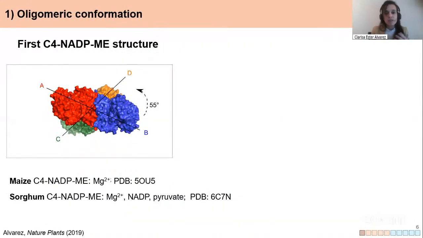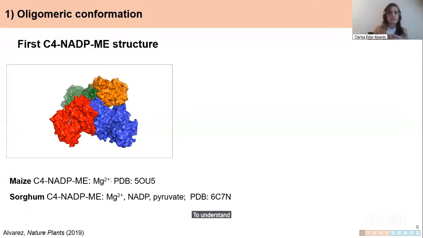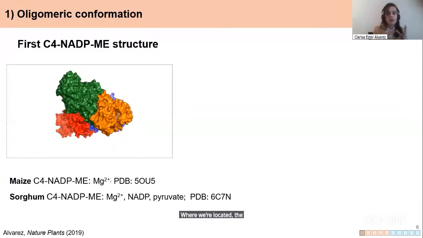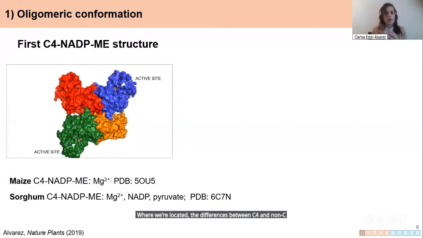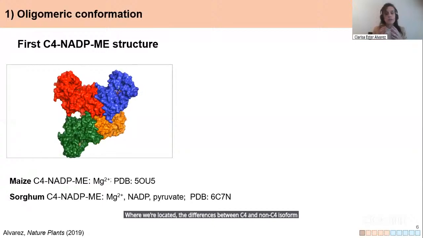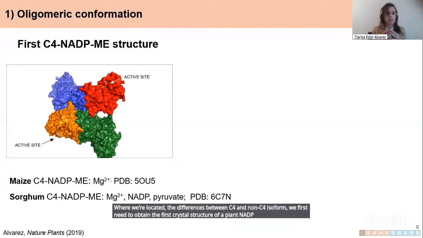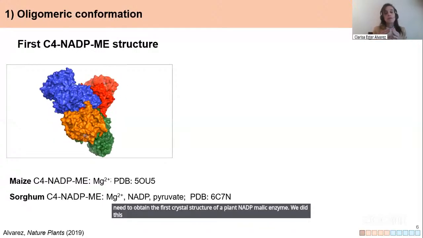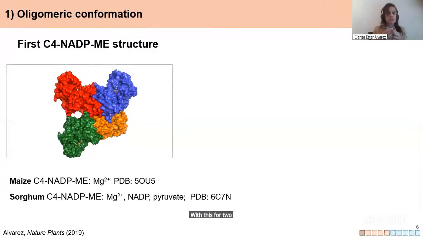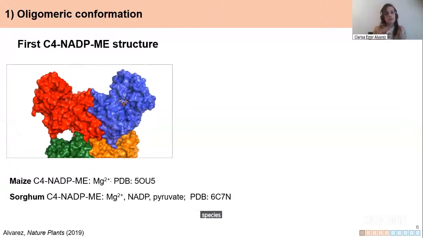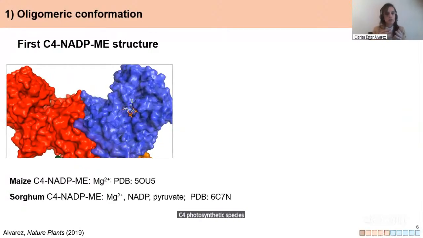To understand where the differences between C4 and non-C4 isoforms were located, we first needed to obtain the first crystal structure of a plant NADP-malic enzyme. We did it for two C4 photosynthetic species, maize and sorghum.